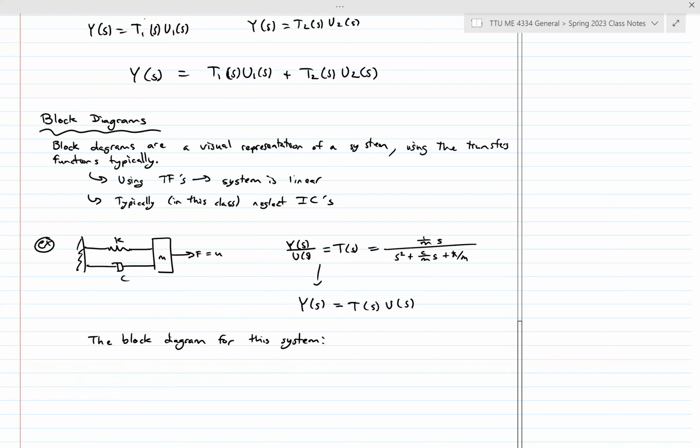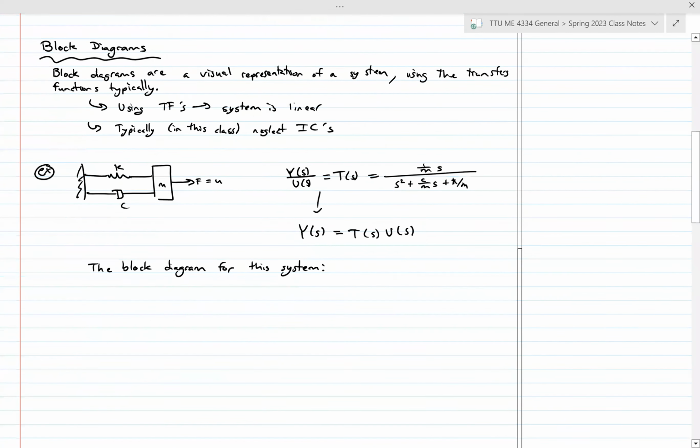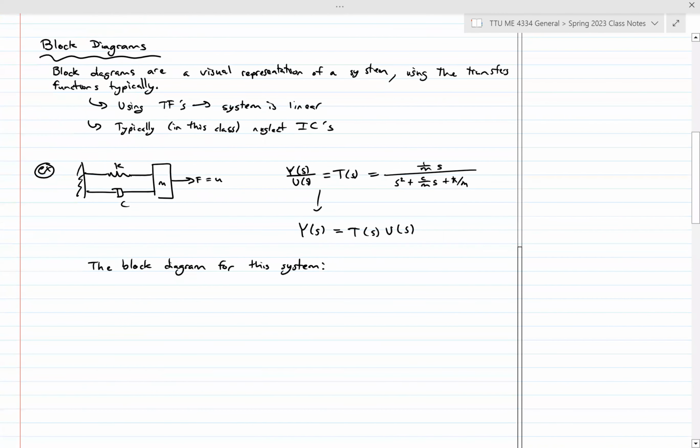What would it be? Let's see how much you guys remember about this stuff. We're going to be drawing something. Any ideas? How many of you guys don't remember block diagrams at all? All right.